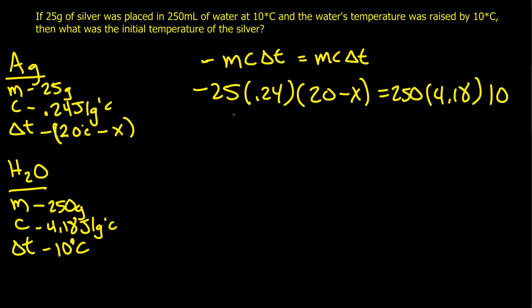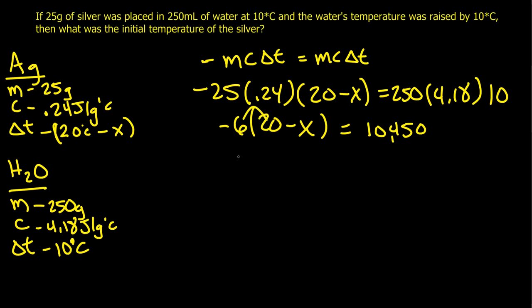So now we just kick out some math, simplify it down a little bit. So negative 25 times 0.24, I'm going to get negative 6 times 20 minus X is equal to 250 times 4.18 times 10, 10,450. Alright, now we can distribute into parentheses.